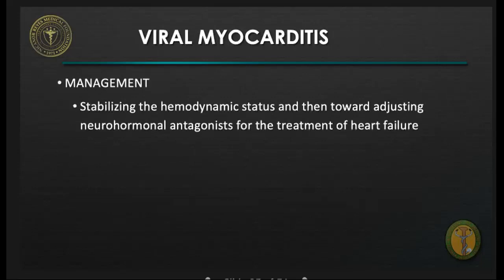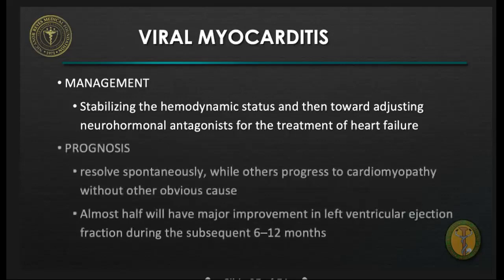The management of viral myocarditis is by stabilizing the hemodynamic status and then adjusting the neurohormonal antagonist for the treatment of heart failure. So for patients with subacute presentation, randomized trials have shown that there is no benefit of immunosuppression with the use of glucocorticoid combinations or IVIG, or intravenous immunoglobulin, even when the biopsy is positive for giant cells or for lymphocytic infiltrates.